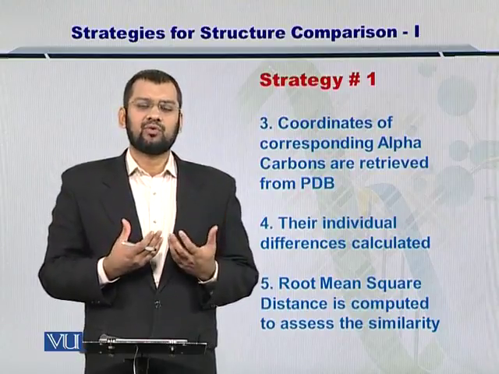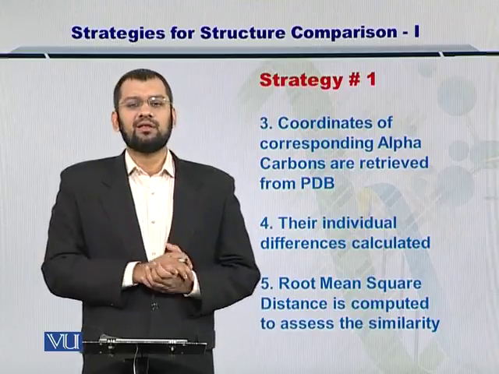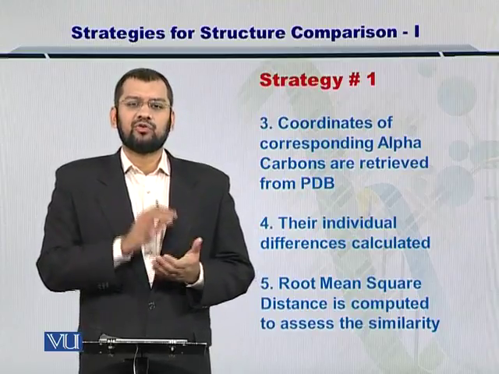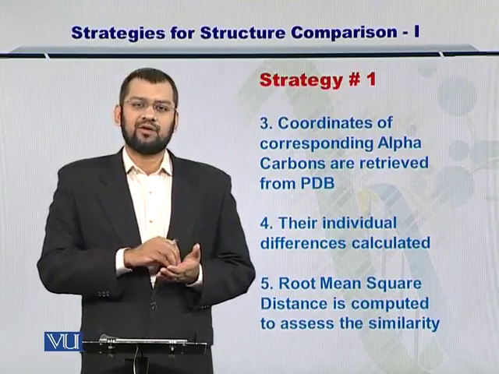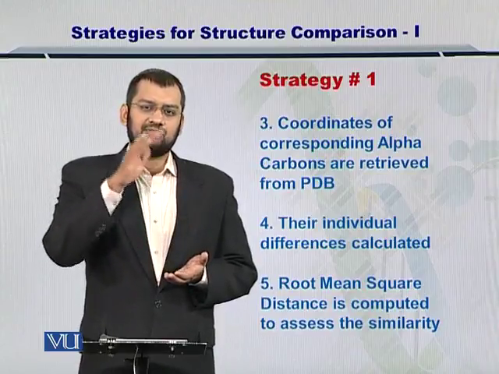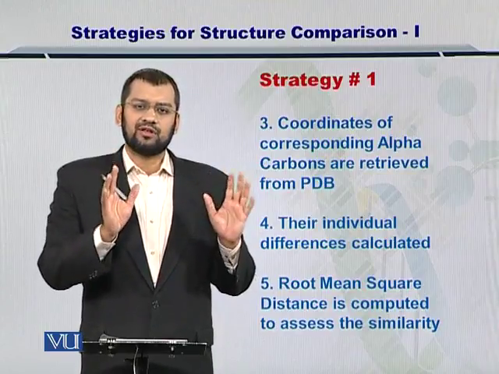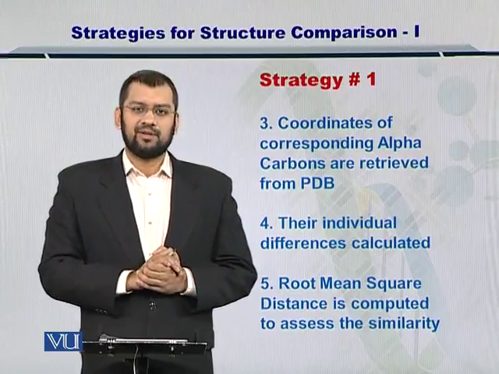To talk about the quality, there is something called the root mean square distance, or simply the RMSD. The RMSD tells you the quality of comparison between the two protein structures. If the RMSD is big, then the two proteins are different. If the RMSD is small, then the proteins are similar in structure.